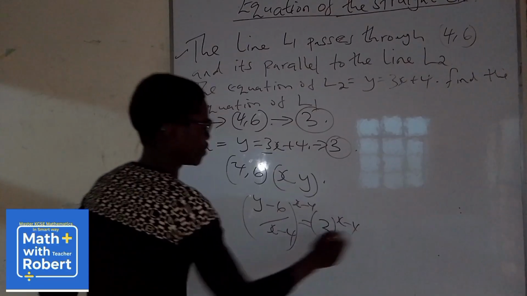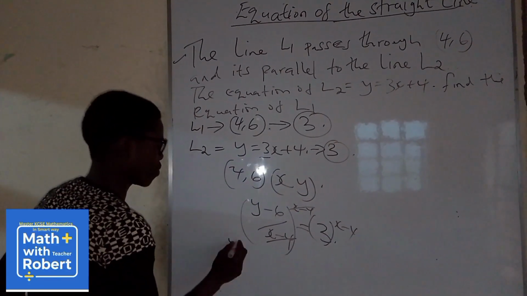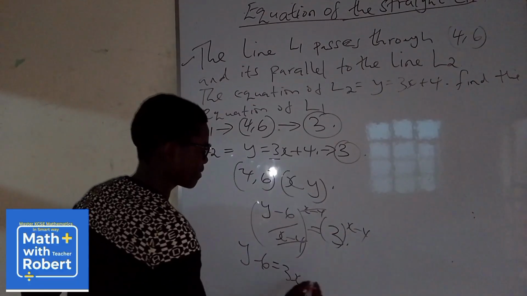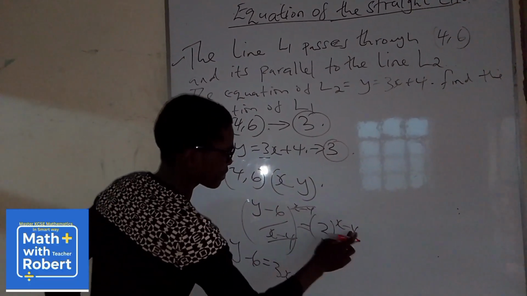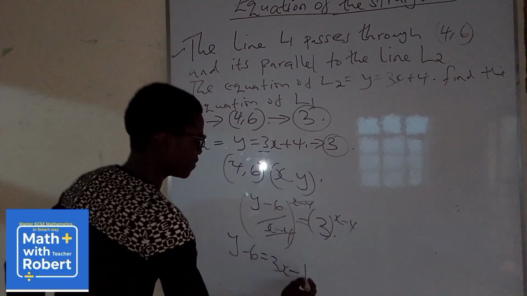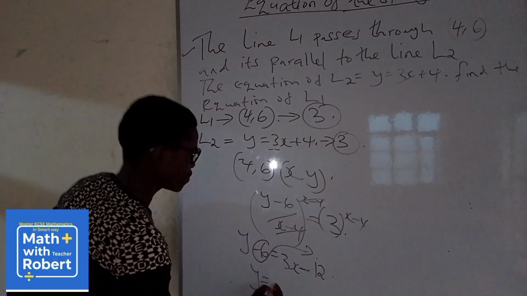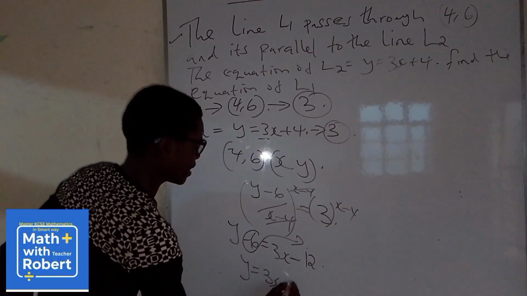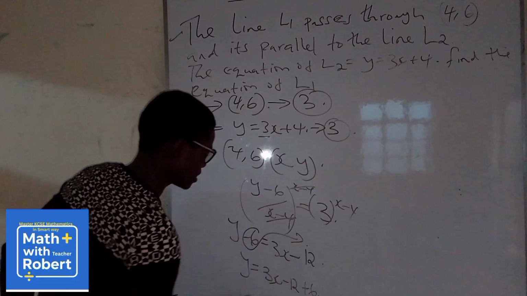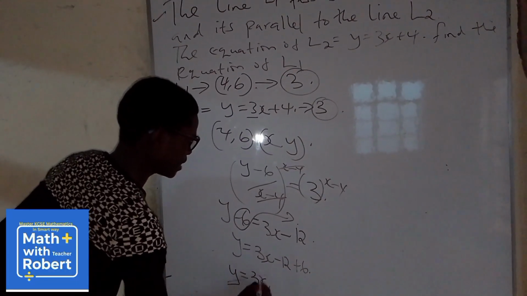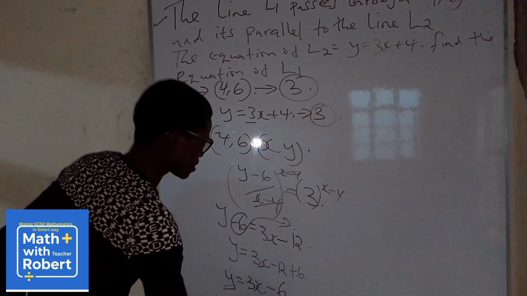We remove this one. So y minus 6 is equal to 3 times x, that is 3x, minus 3 times 4, that is negative 12. This one goes to the other side. So y is equal to 3x minus 12 plus 6. The final answer is y is equal to 3x minus 6.